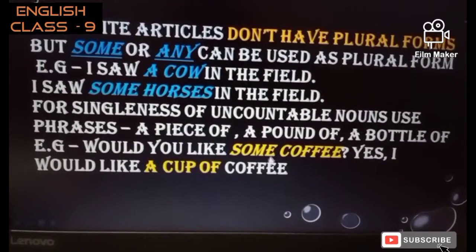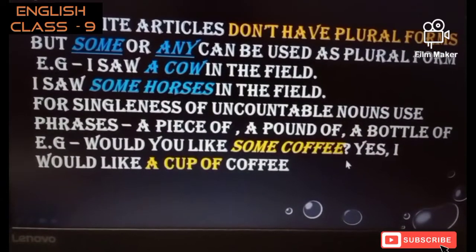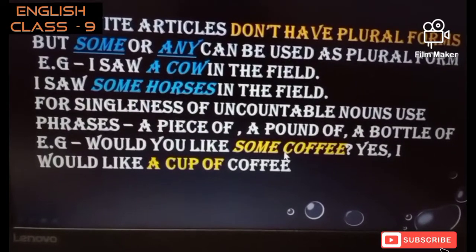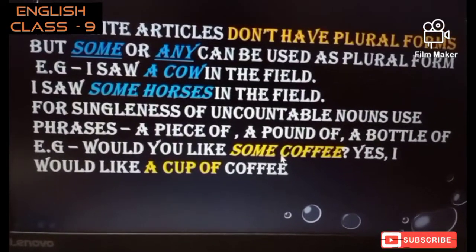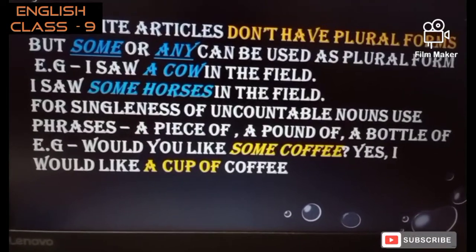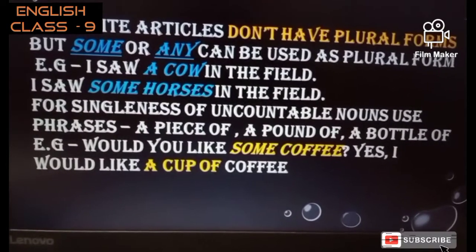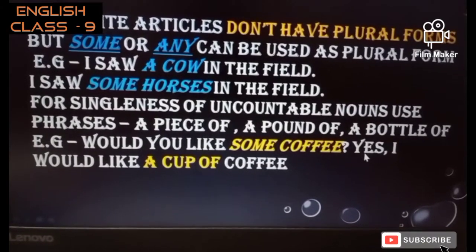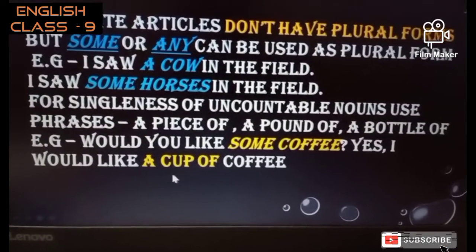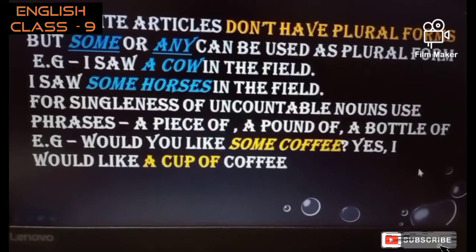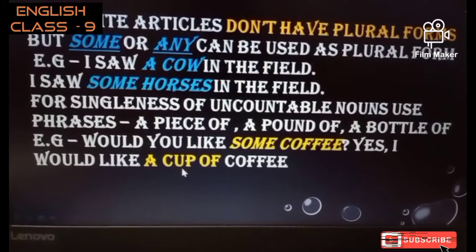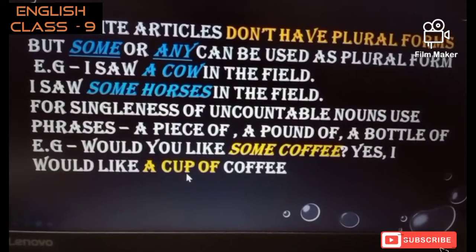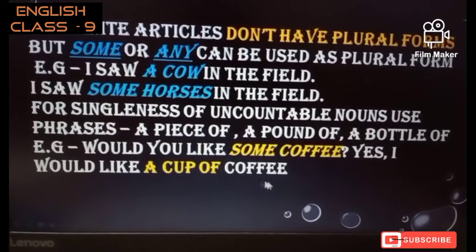Would you like some coffee? That is some coffee. The coffee is uncountable, and here it is not generalized. Here it is in plural form, so we have to use some or any. But answer, check: yes, I would like a cup of coffee. Now here when we refer to a cup of coffee, we are trying to represent the singleness of the coffee.